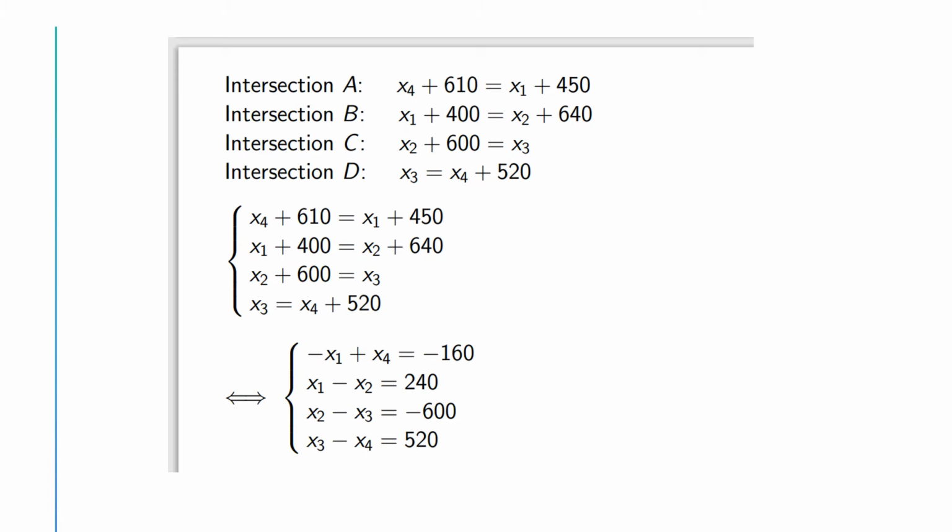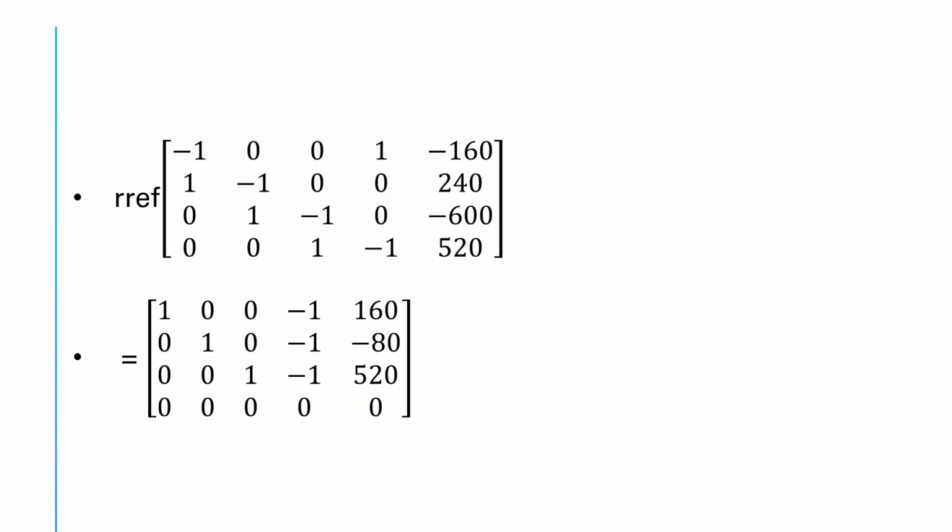If I use my graphing calculator to get the reduced row echelon form of this augmented matrix with the coefficients and the constants, I get the rows 1, 0, 0, negative 1, 160; 0, 1, 0, negative 1, negative 80; 0, 0, 1, negative 1, 520; and 0, 0, 0, 0, 0.